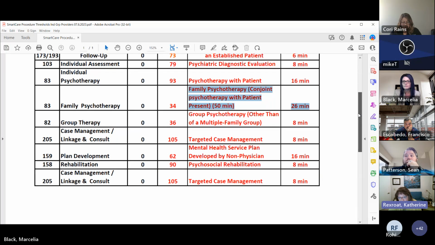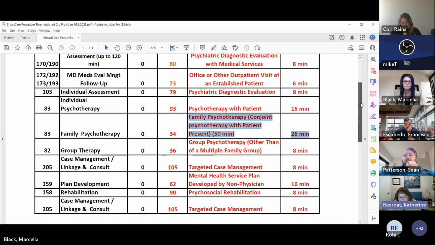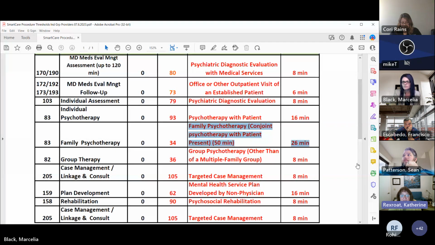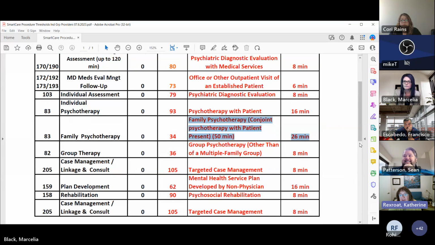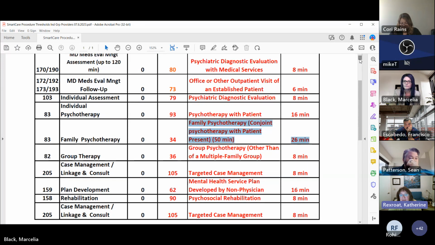And so that's why we have this table with minimum thresholds. You'll see that there are a handful, just a few, like individual psychotherapy, where your minimum threshold is 16 because the lowest claimable psychotherapy is 30 minutes. So it's just a good example of, not all CPT codes were created equal, and that's why the minimum thresholds vary in some instances.